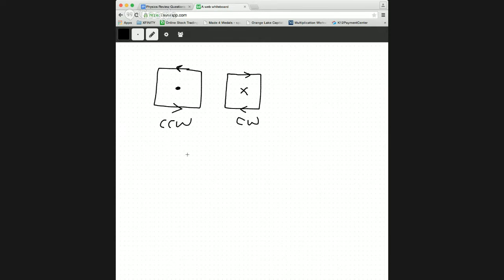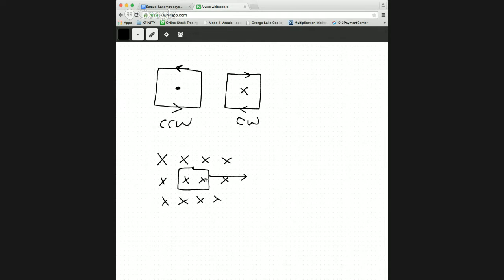So here's an example. Let's say I have a bunch of magnetic fields into the page, like this. And we have a loop. And we're going to pull the loop out of the magnetic field. As we pull it out, we're losing X's.